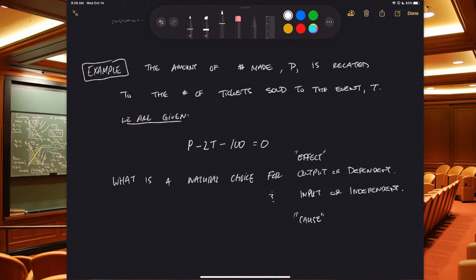So what makes the most sense? Well, if P was independent and T responded to it, does the number of tickets sold to the event depend on the amount of money made from the ticket sales? That seems like a bit of a long walk, right?